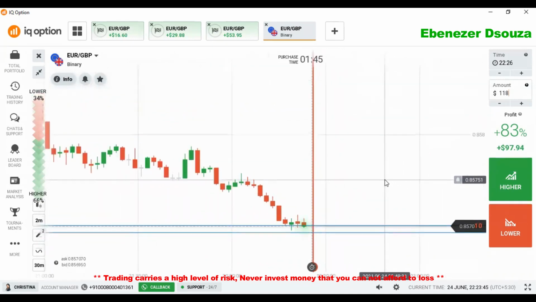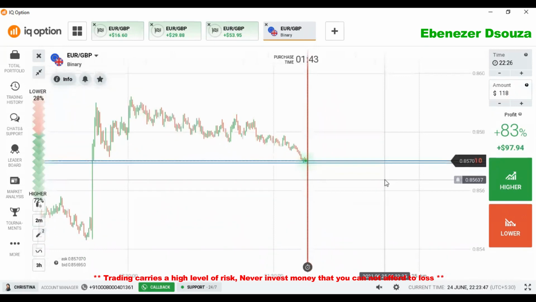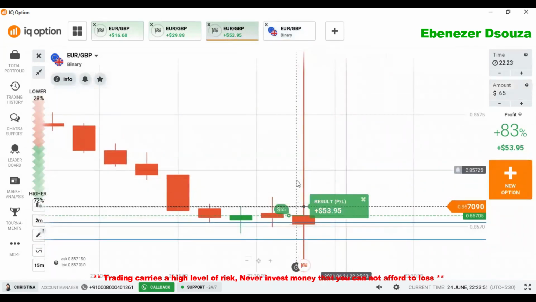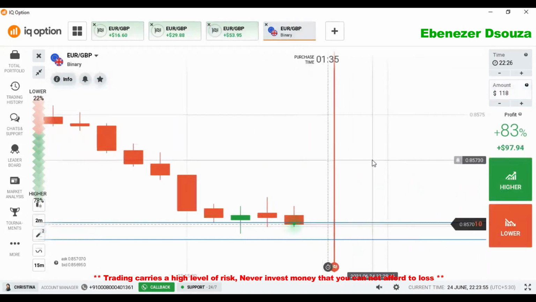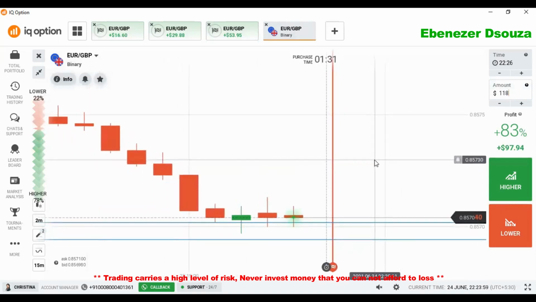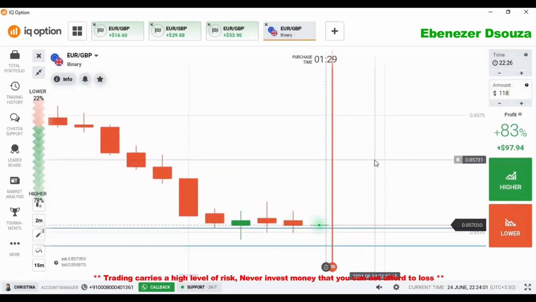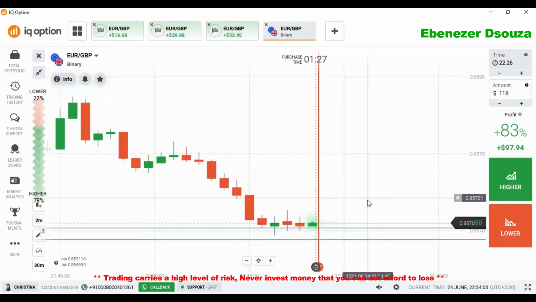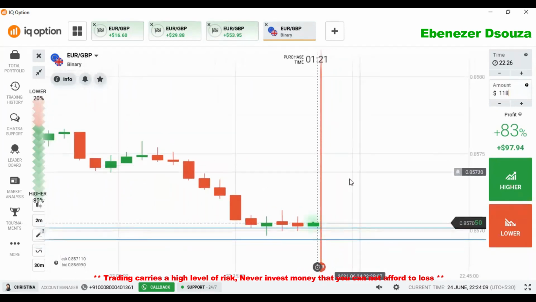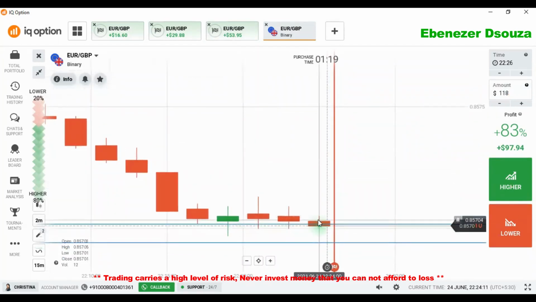So again sellers are trying. I don't know why. Maybe because of my luck I placed my trade for 1 minute. Okay, so it closed as a bearish candle and we are seeing a straight market, a type of consolidation area.